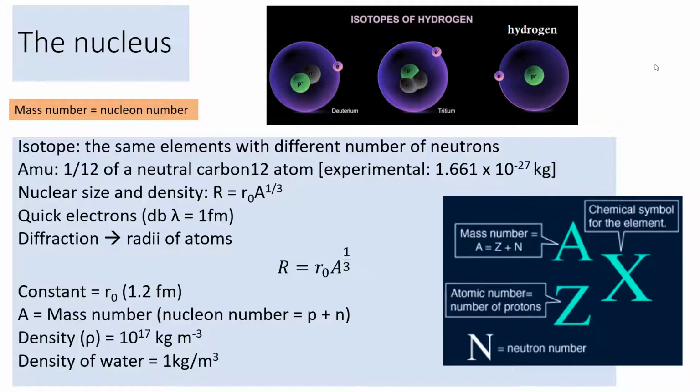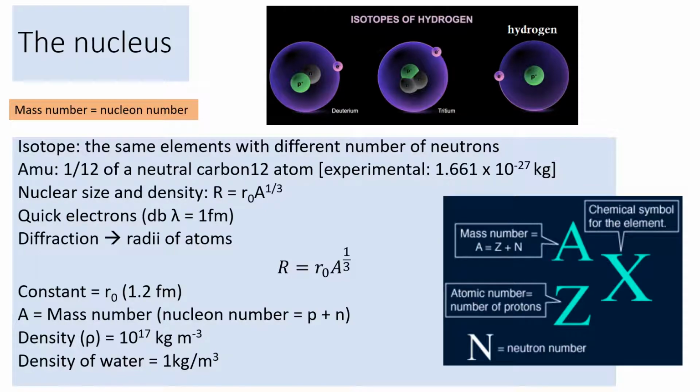Experimentally, the radius is proportional to the cube root of the mass number A. You can also say that the radius is proportional to the cube root of the nucleon number.